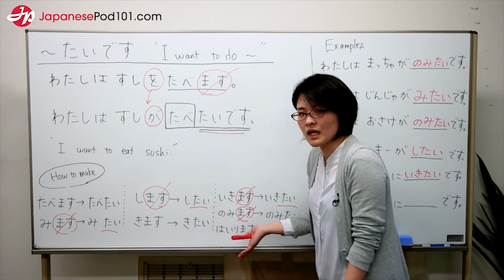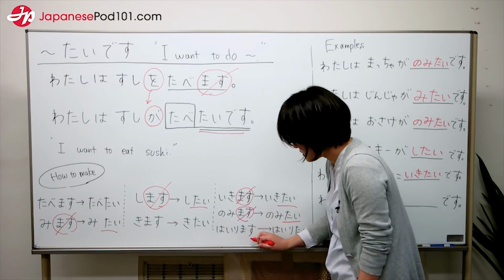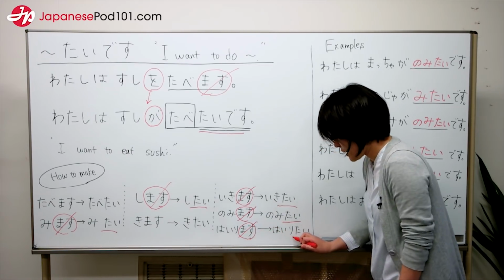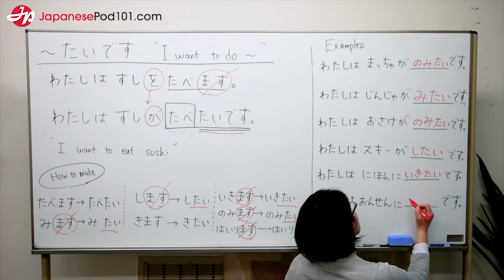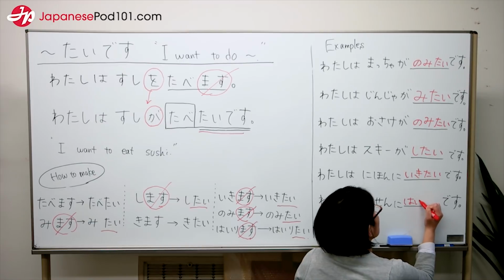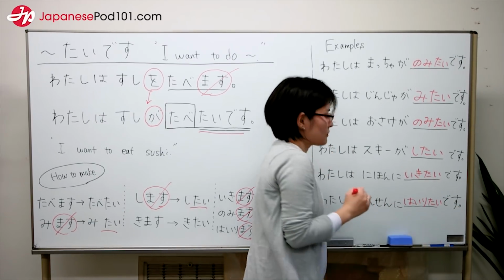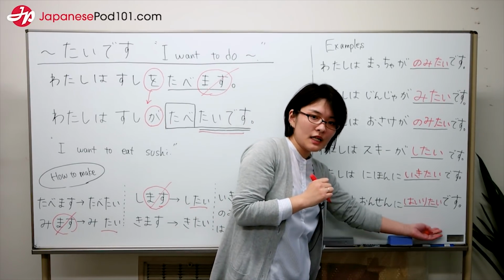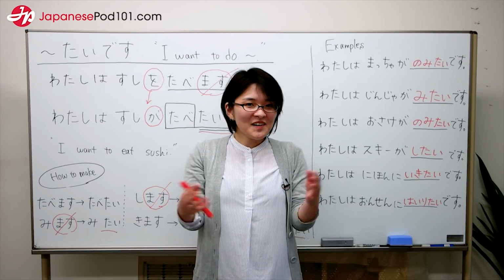So can you find 入ります here? Yes, this one. So get rid of ます, the same rule, and add たい. So you get 入りたいです. 私は温泉に入りたいです.